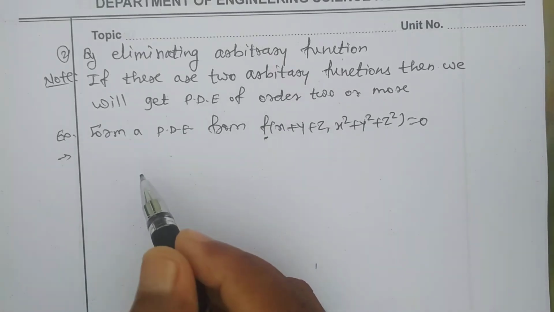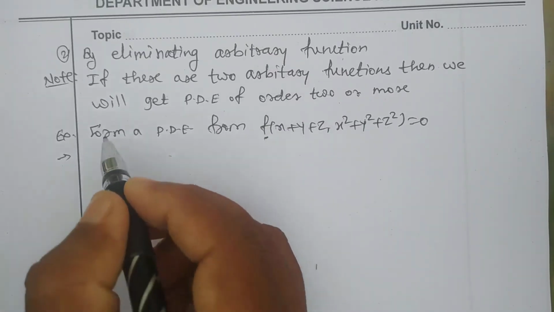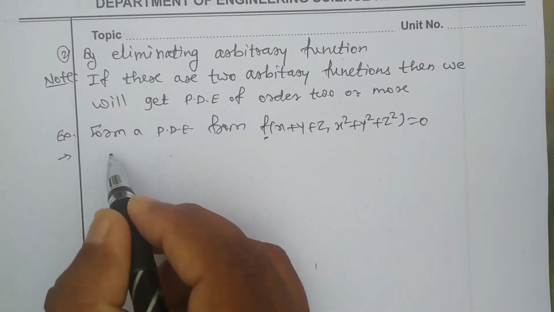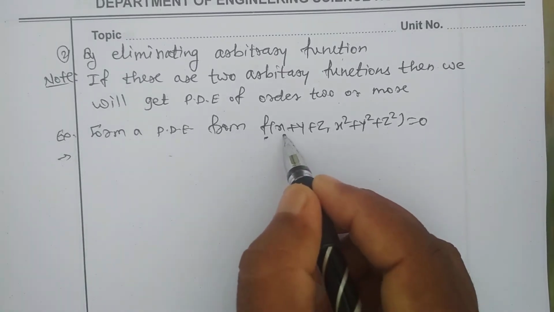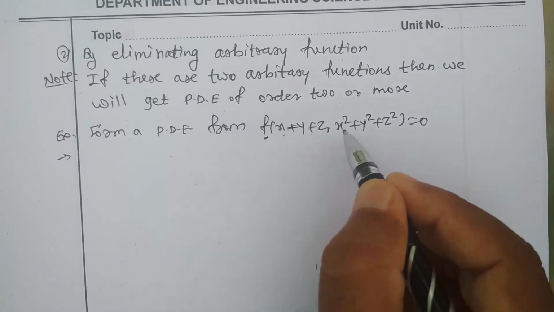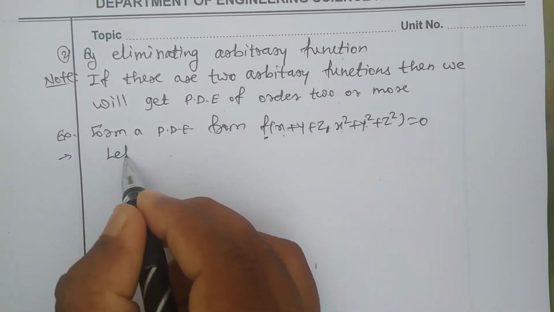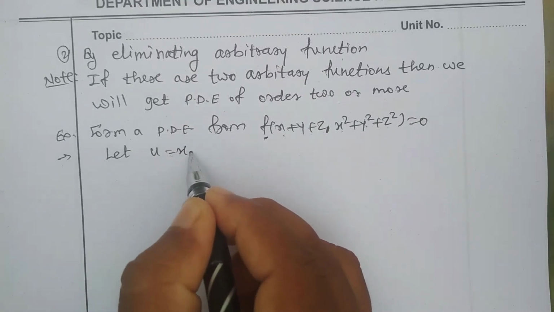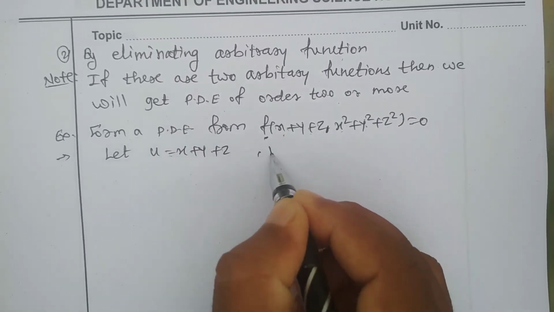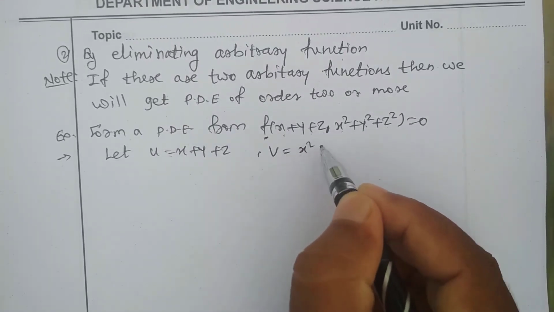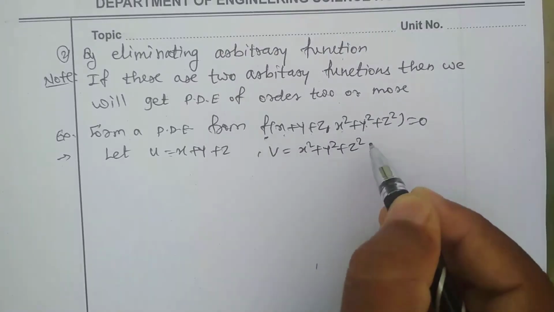So for that we are going to suppose that the function is f of x plus y plus z comma x square plus y square plus z square. For that we are going to use the procedure: let u is equal to x plus y plus z and v is equal to x square plus y square plus z square.